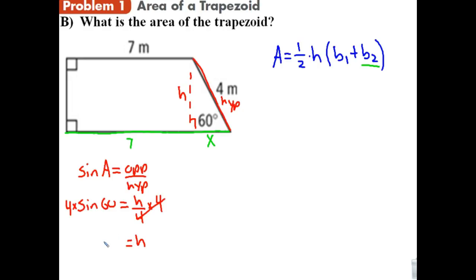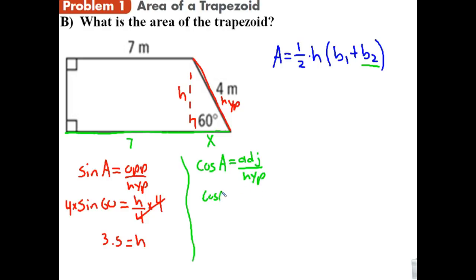Which turns into a 3.5, we could say. Okay, other thing we need to solve for is this adjacent side of this right triangle. So we have hypotenuse and the adjacent, that's the cosine ratio. I can say that cosine of A is equal to adjacent over hypotenuse.